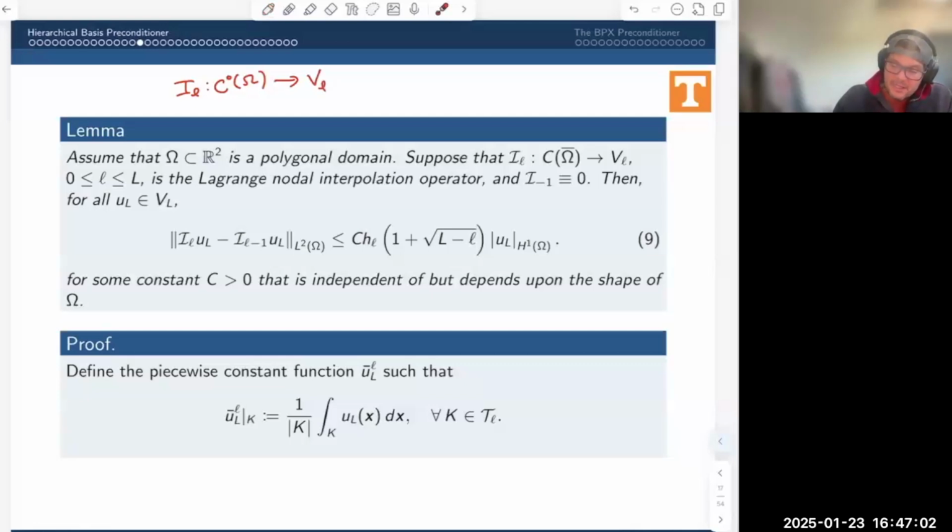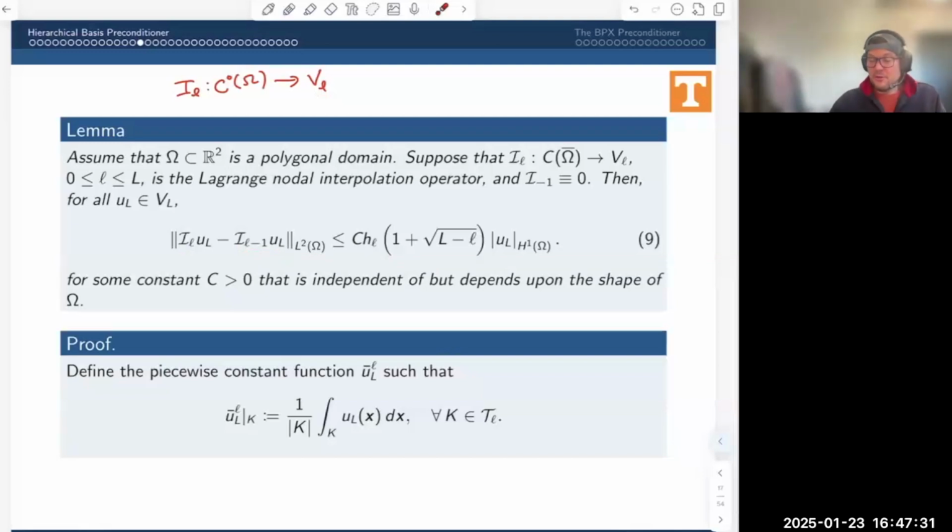Well, that means that IL minus 1 takes the same function and pushes it into VL minus 1. So what we're interested in with this technical lemma is that I want to take the solution, or this thing I'm interested in, this finite element function on the finest level grid, and I want to compare the interpolant at level VL with the interpolant at the next coarser level VL minus 1.